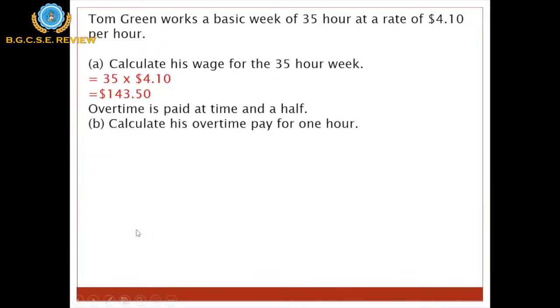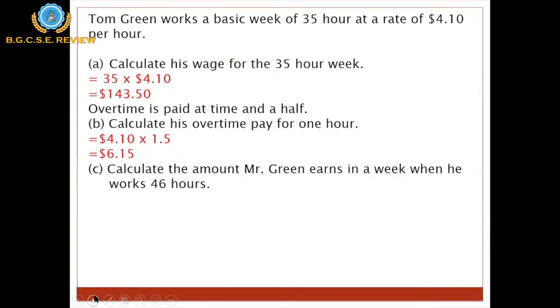Part B speaks to his overtime. How much is he going to get paid for 1 hour of overtime? Well, 410 times 1.5, which is 615. And then here we want to know how much money he's going to make for 46 hours.